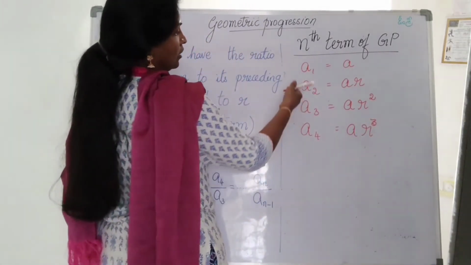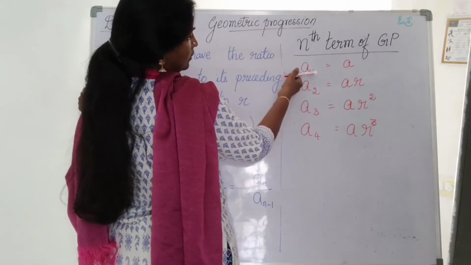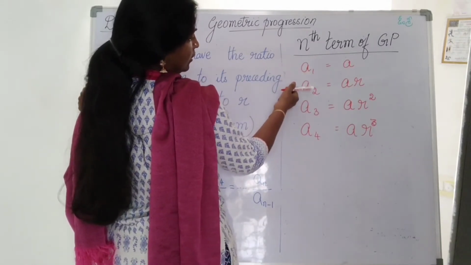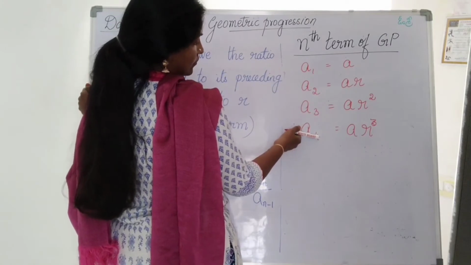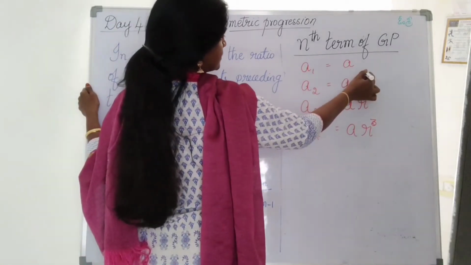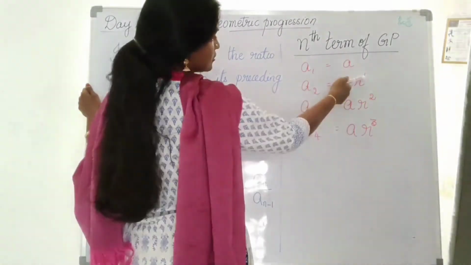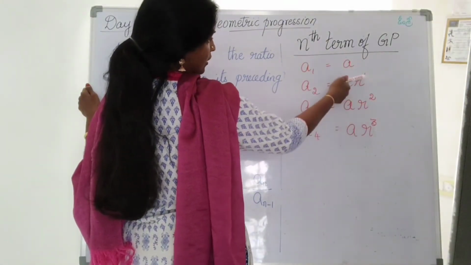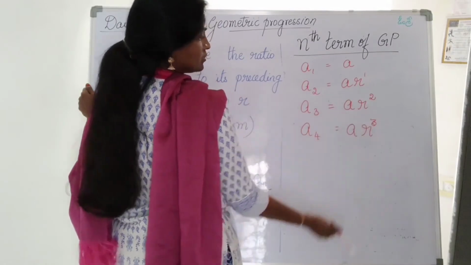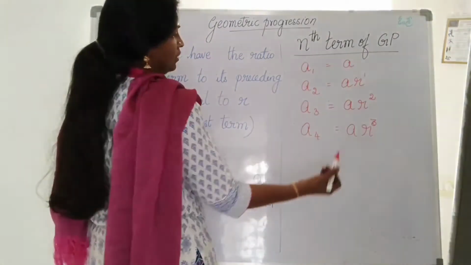Here you can see that the subscripts of A are increasing, as well as the superscripts of R. That means the powers of R are also increasing.